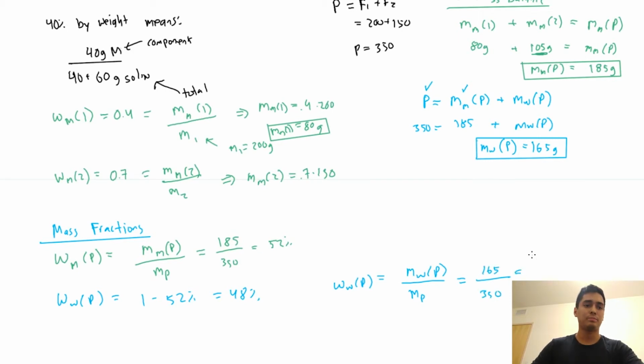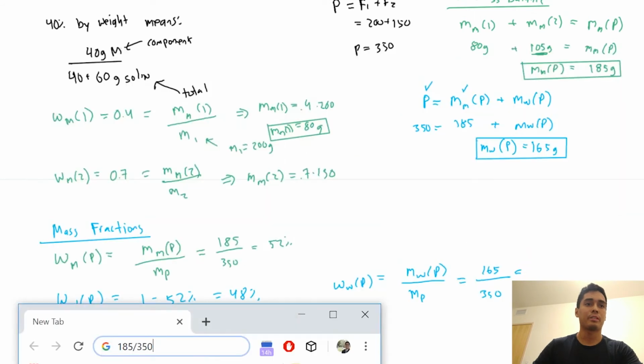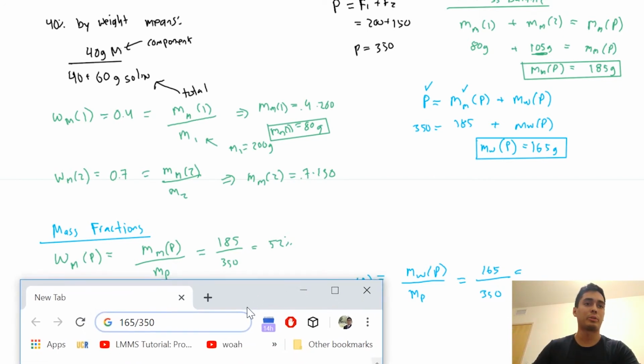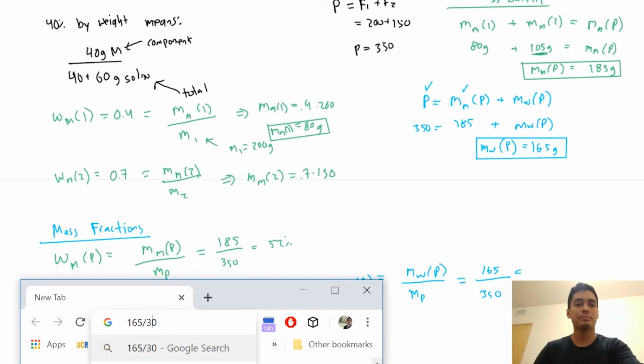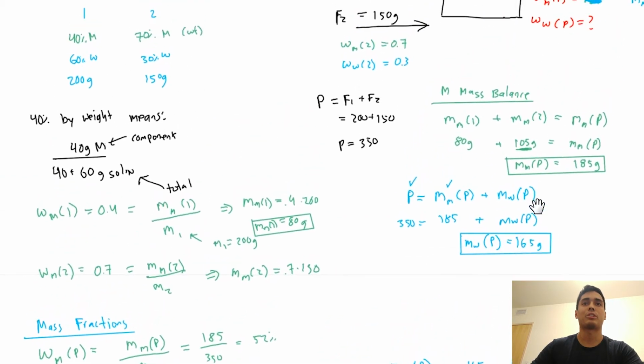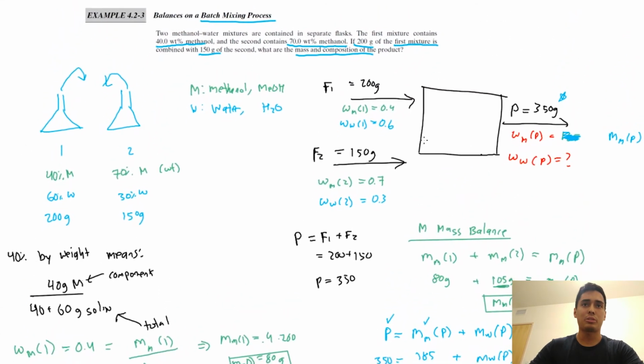So 165 divided by 350 is 0.47. I'm just going to round to 48%. Okay, so that is our answer. That is our mass fractions. We solved for the mass fractions and we solved for the masses themselves. And we're starting to get a hang of this mass balance thing.